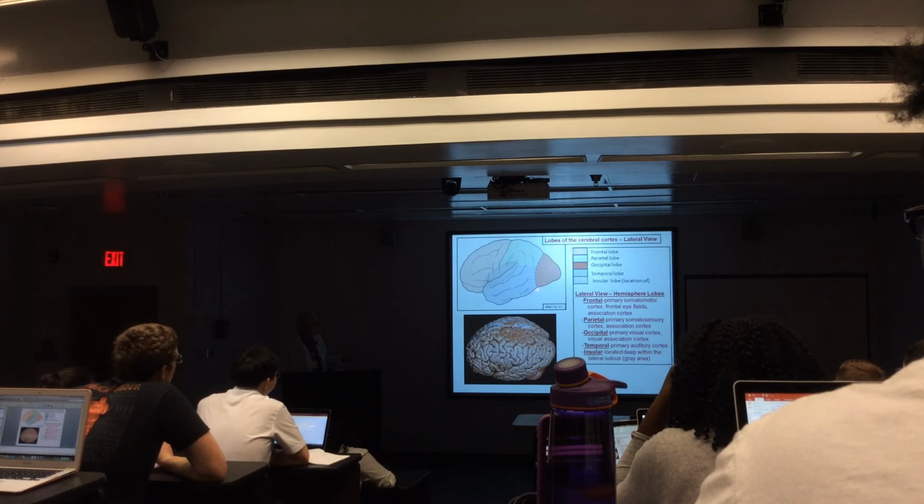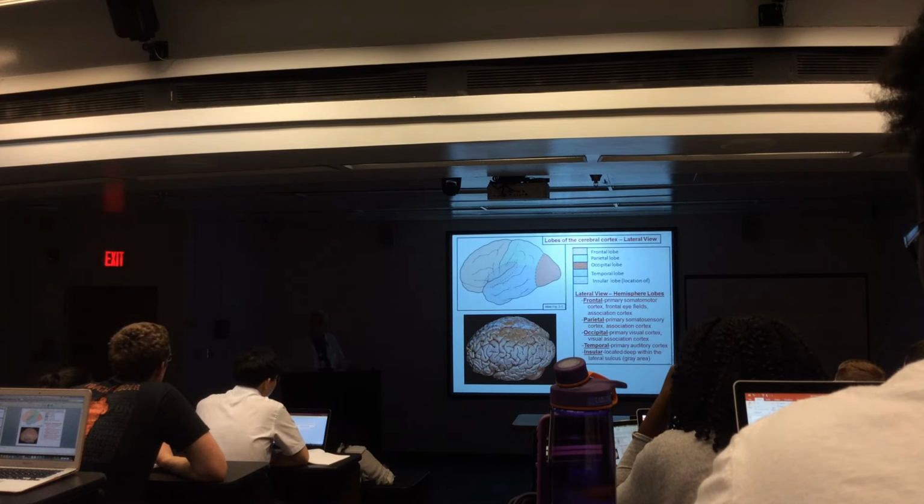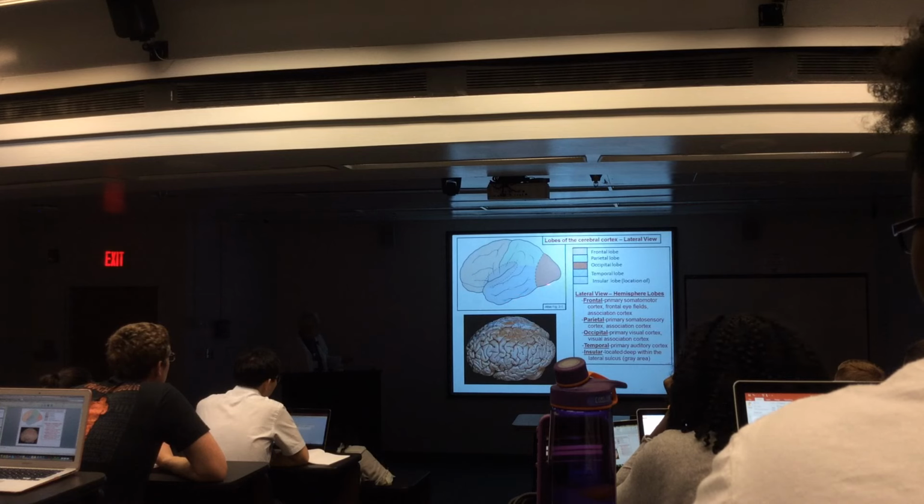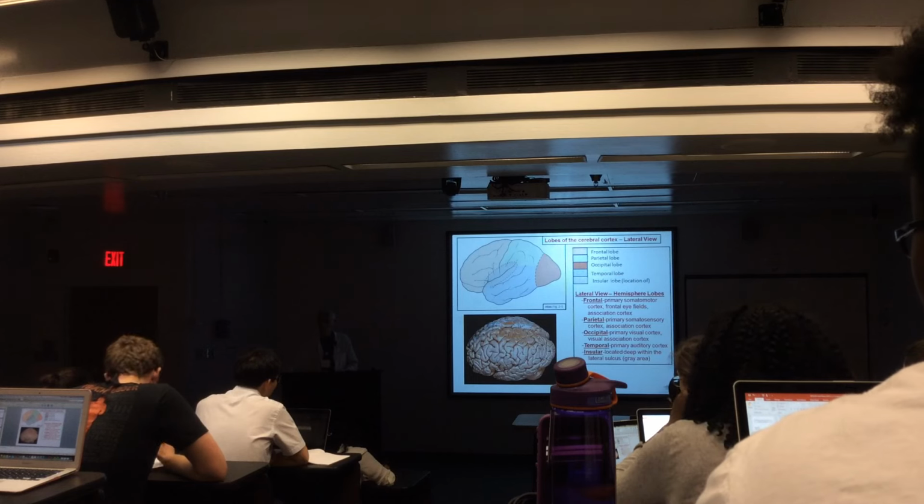If you look along the edge of the hemisphere right here, we have to have some way to demarcate the occipital lobe from the lobe rostral, which is some landmark. If you look at a specimen in the lab, along this inferior edge of the hemisphere, there's a high spot here, which is called the preoccipital notch.